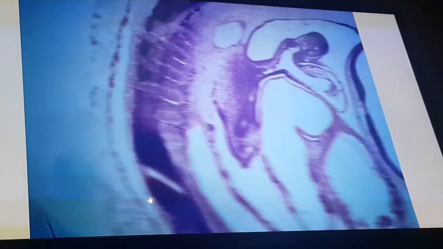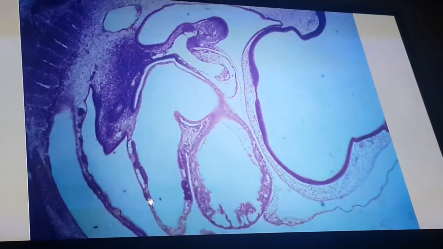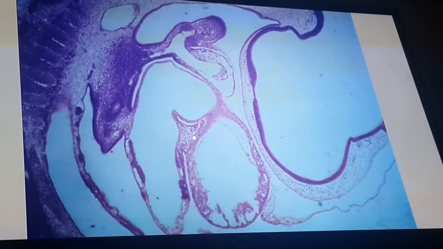The same embryonic stage showing the heart loop, but in sagittal section. This is also the heart loop.